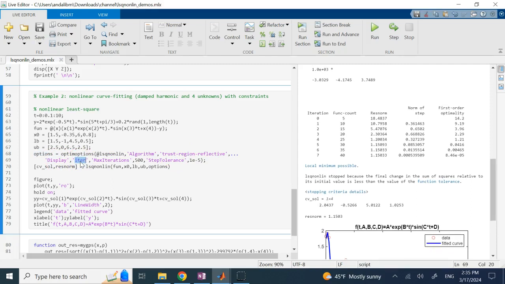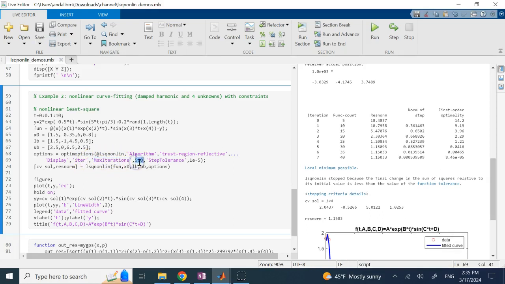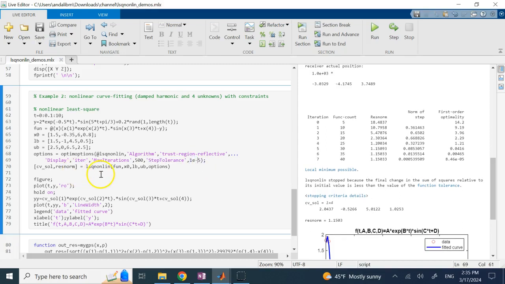Show me the norm of f and how it is reduced. Even if you want, you can add a plot. Then max iterations, how many iterations before you stop? Here 500. Stop tolerance, that's how much x is going to change between 2 iterations before you say it's not moving anymore. And here I use 1e to the negative 5. If you want, you can change them.